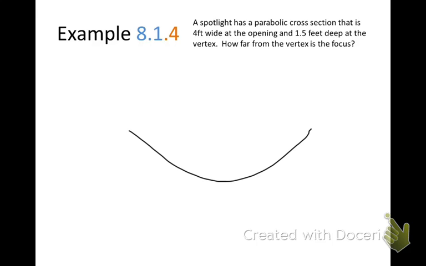Parabolic opening where the width at the opening they're saying is 4 and the height at the opening is 1.5. What is the distance from the vertex to the focus?